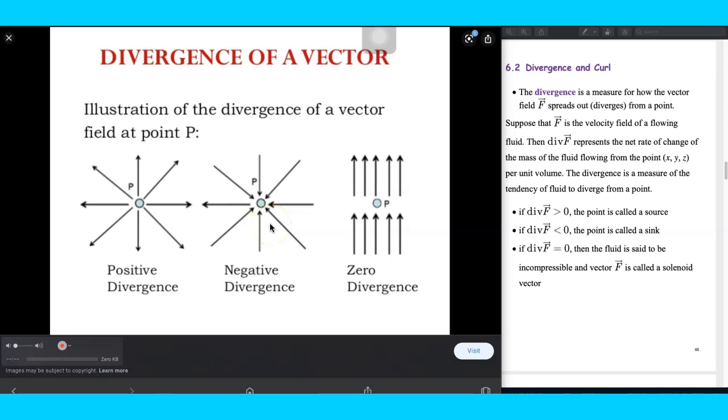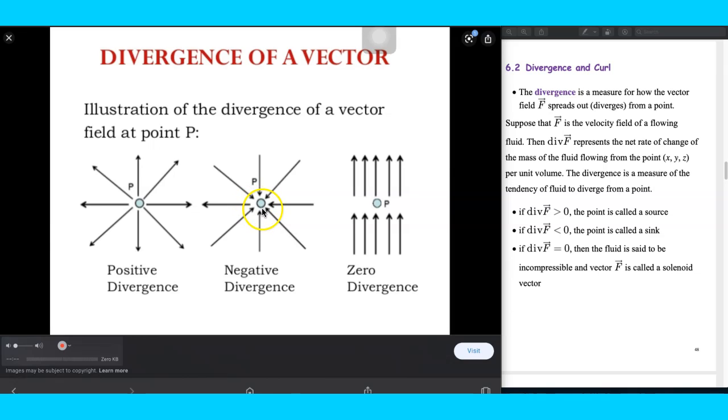However, if the divergence is negative, then that point is a sink.